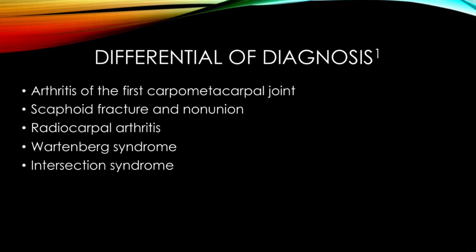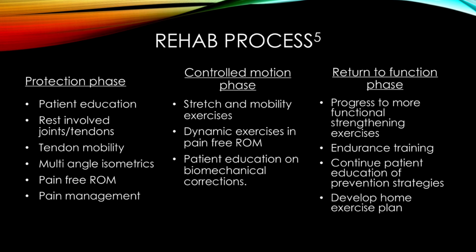Radiocarpal arthritis, while this can make you more susceptible, has a different pain pattern. Then Wartenberg syndrome, which is compression of the superficial radial nerve, which can present the same. Intersection syndrome will cause pain with wrist extension and flexion, whereas De Quervain's is more of a radial deviation, ulnar deviation.